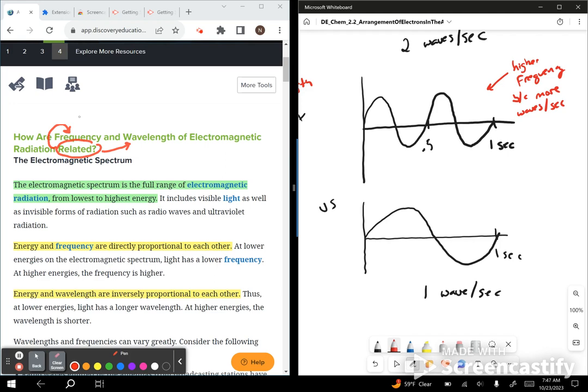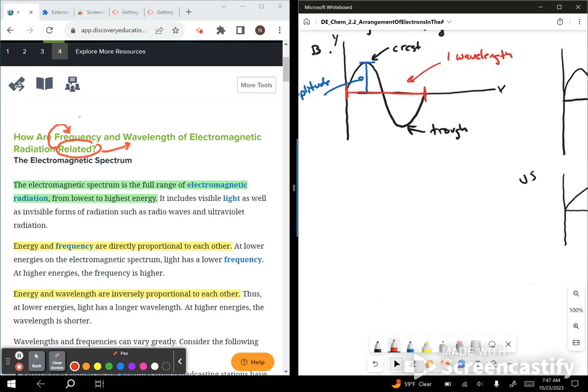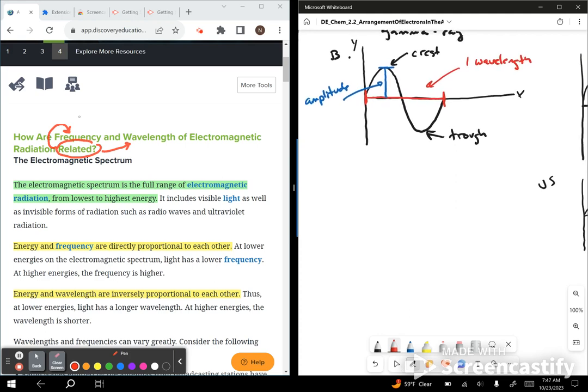So now that we've given ourselves a little bit of background, let's come back over here. Energy and frequency are directly proportional. That makes sense. The more waves you have per second, the more energy is going to be delivered.